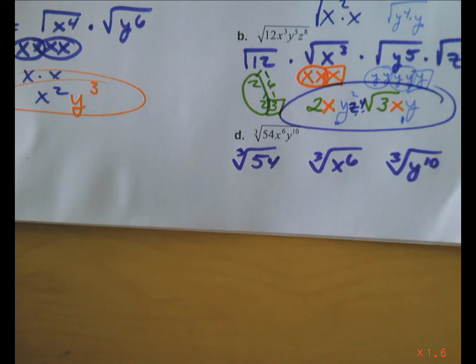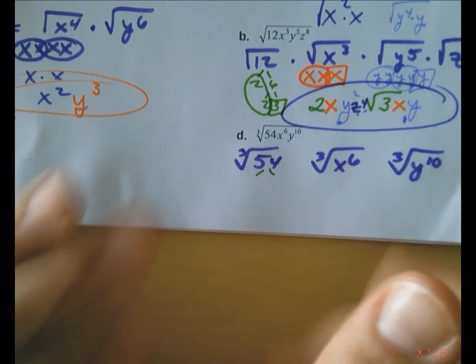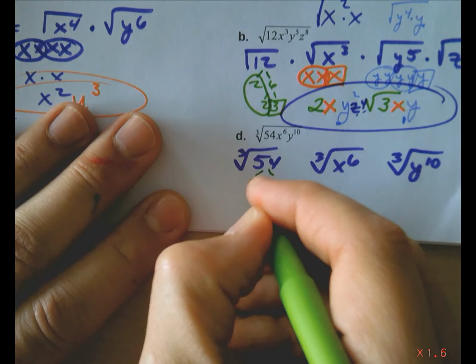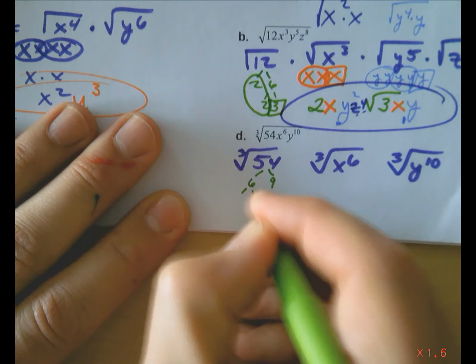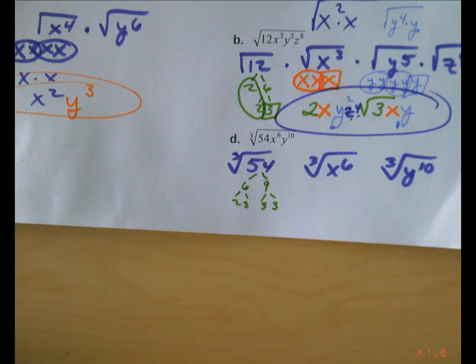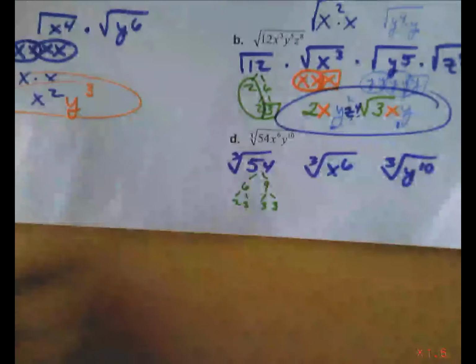All right, let's break down 54. Factors, 2 factors multiplied together give you 54. What do you got? What are 2 numbers multiplied together give you 54? 6 and 9. Okay, 6, 9. We got 2 and 3, and we got 3 and 3. What are we looking for? 3 of a kind.